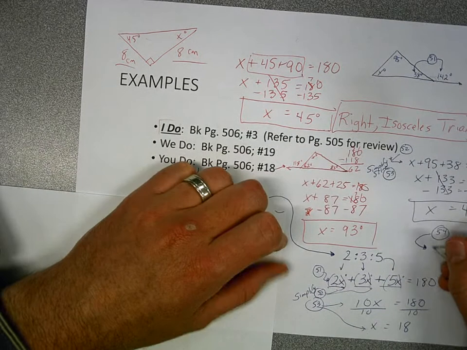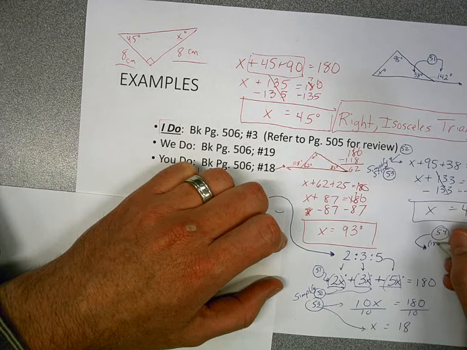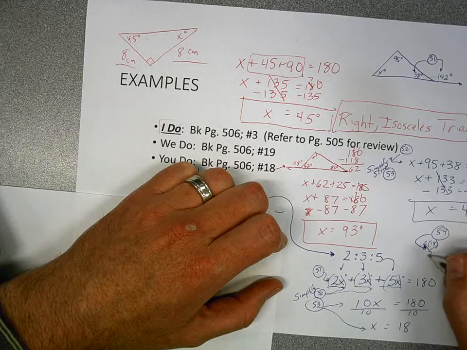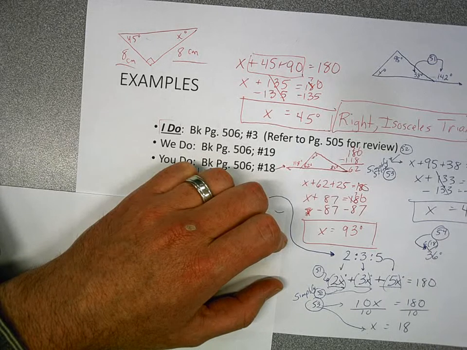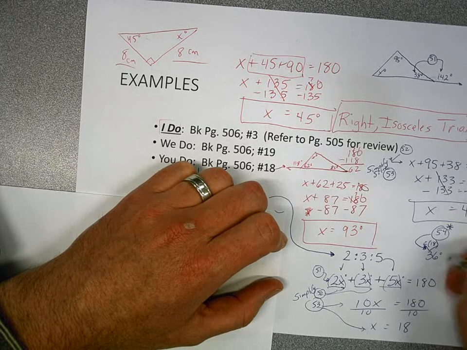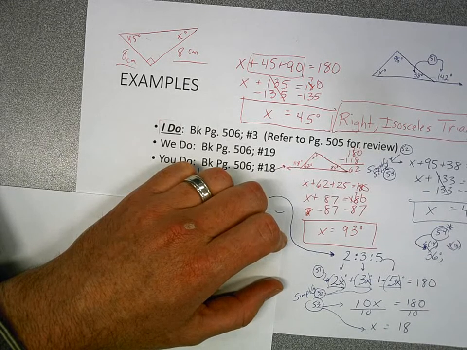For note purposes, here's what I'm going to do. 2 times 18 is 36 degrees. By the way, I put a little star by step 4 because we don't want to forget that these are angles, so make sure you put your units on there. 3 times 18, I'm just doing the 3 and 18 for your notes where you won't forget.